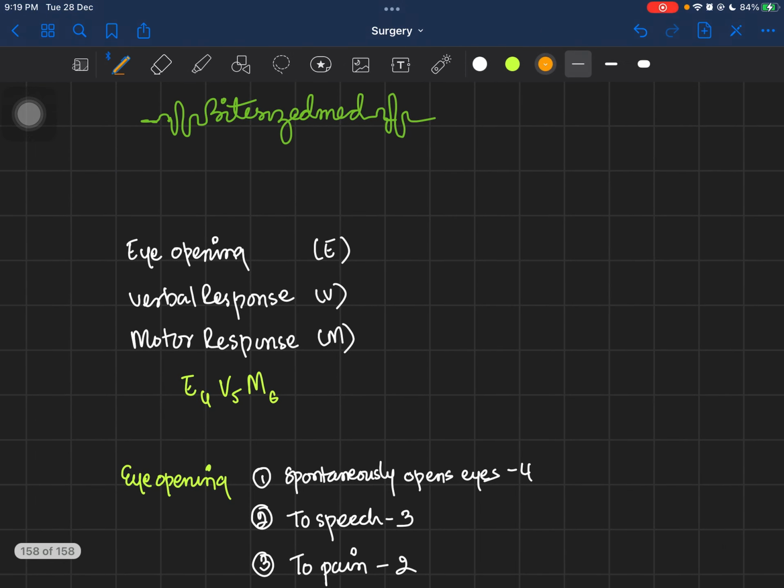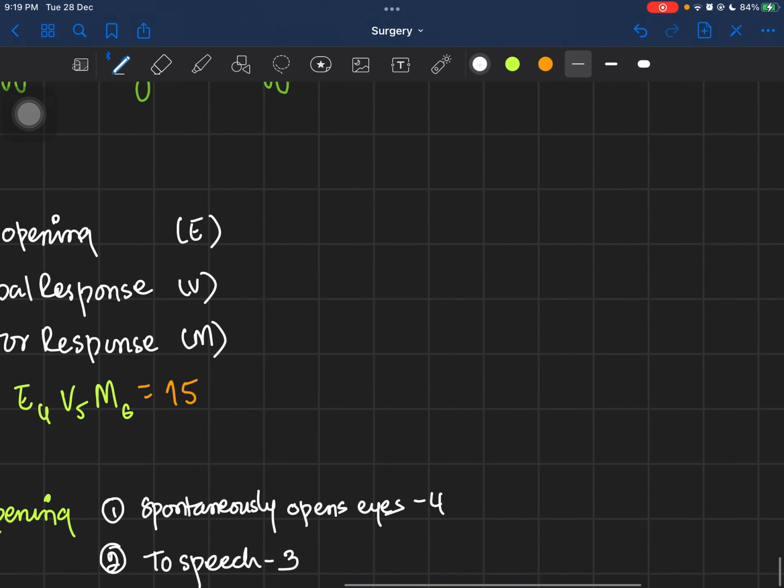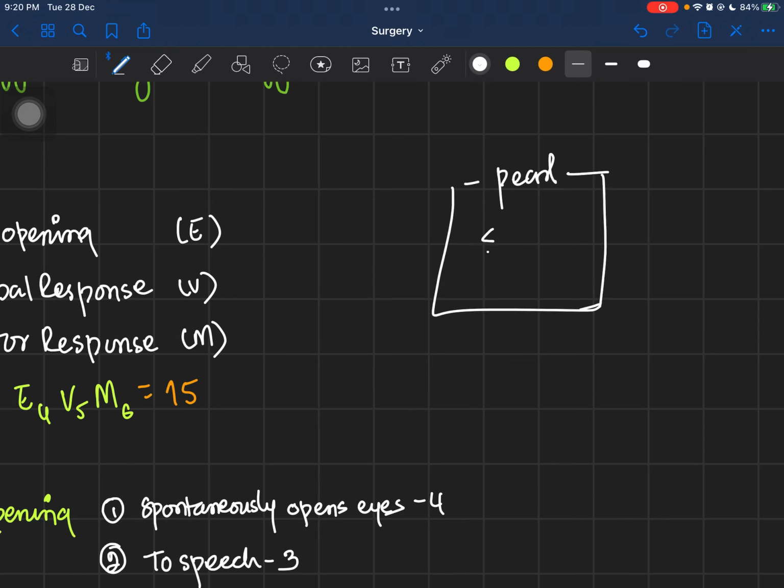So the maximum score that a person can get in the Glasgow Coma Scale is 15. Just as an added pearl, whenever the person has a Glasgow Coma Scale of less than 8, then this person has to be intubated.